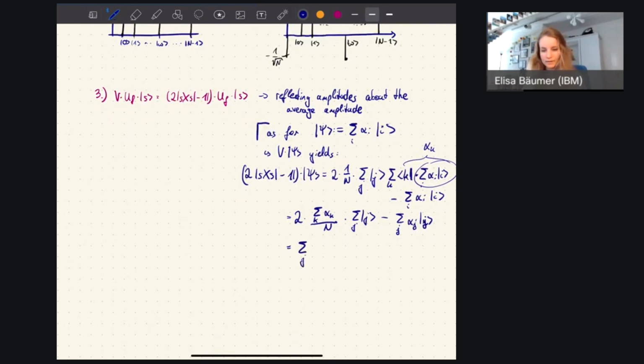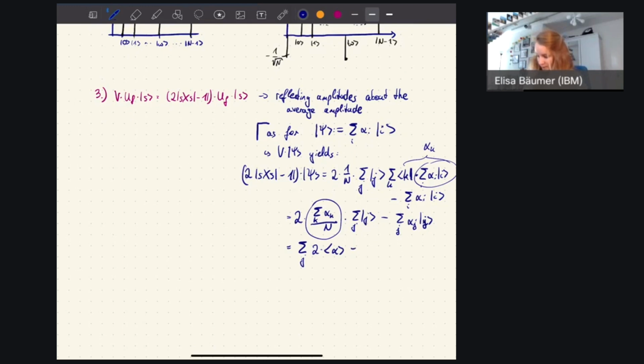So, rewriting this, let's look at what we have in the first term. This is exactly the average alpha. So we have 2 times the average alpha, right? The average alpha is if I sum over all alphas that I have, and I divide by the number of alphas that I have, I just get the average alpha.